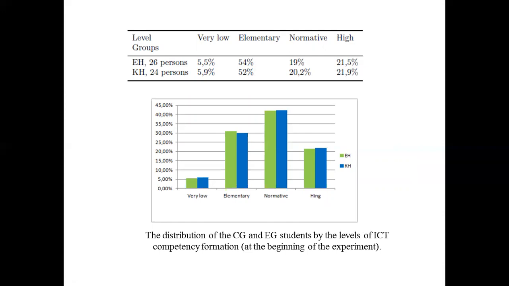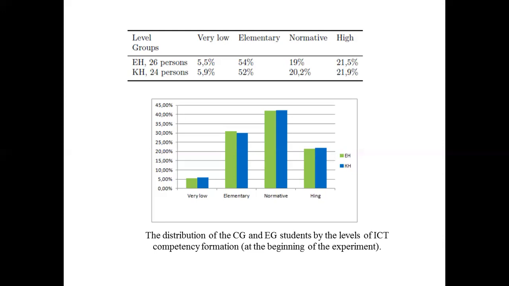The indicators for the effectiveness assessment of the developed course were the levels of the ICT competency formation. Through the analysis of the scientific literature, 4 levels of the ICT competency were differentiated: very low, elementary, normative, high.